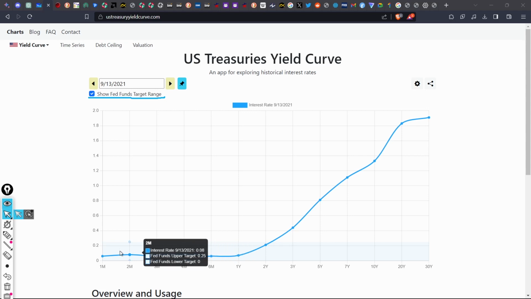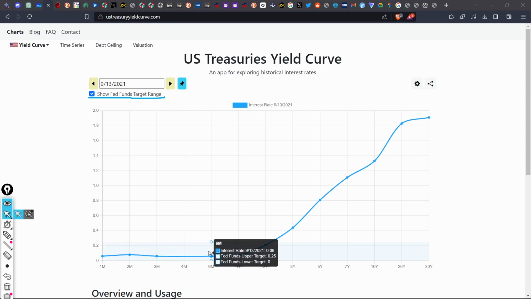If an investor, for example, has about $1 billion, instead of putting that $1 billion into these 6 month treasuries to get a return of 0.06%, it made more sense to put that money into the economy and get a return of about 5% because the economy was booming.